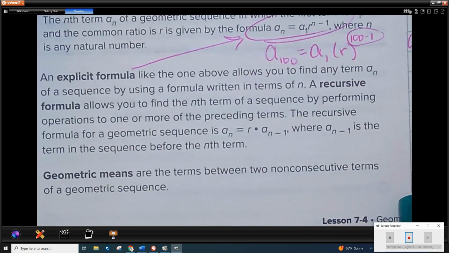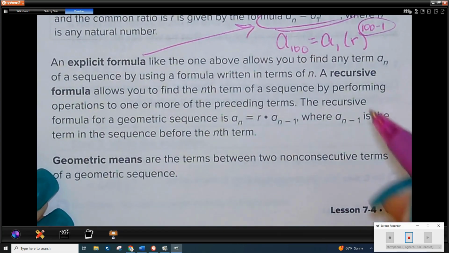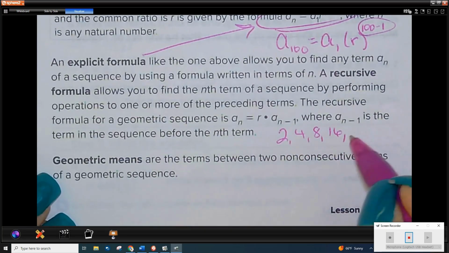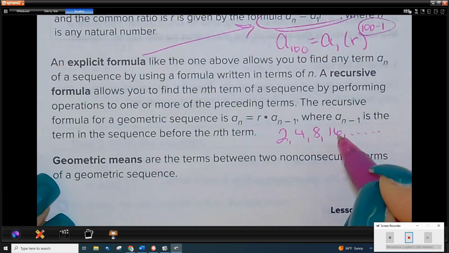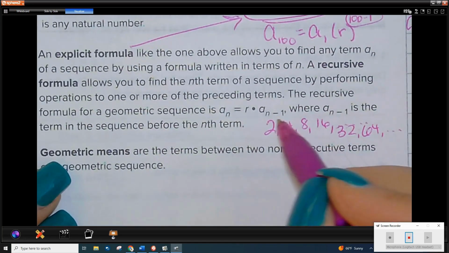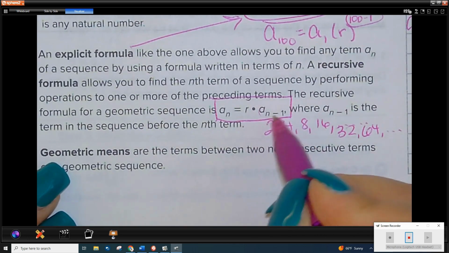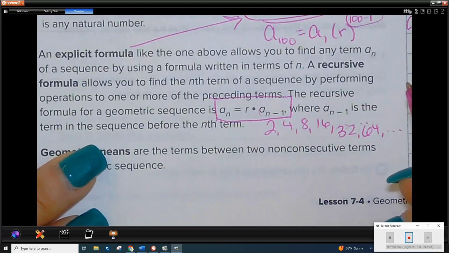The recursive formula means that I have to get all of them. So on my little example there, 2, 4, 8, 16, if I want the 100th term, I have to go all the way and get the 99th term, because this is how I get 32, and then I multiply by 2 and I get 64, and I multiply by 2, and on and on and on. The recursive formula, this is the formula, this is the term, n minus 1, and it stays like that, but you have to tell it what A1 is.